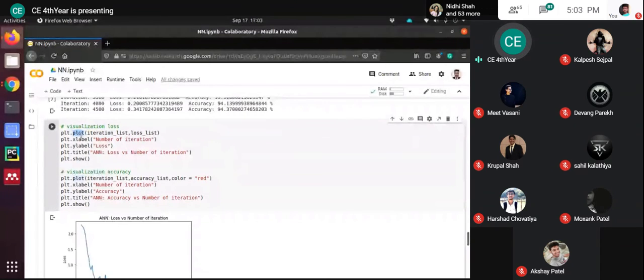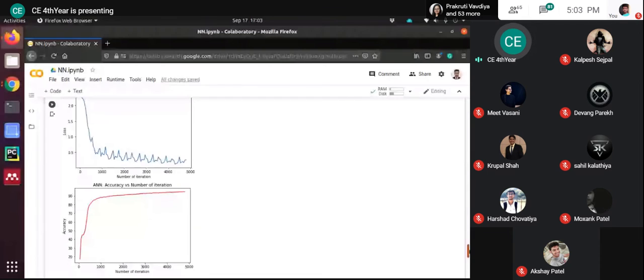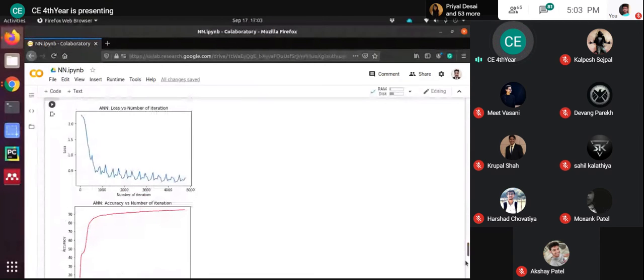We'll try to plot loss as well as accuracy in two separate graphs. Then the labels: the X label will be the number of iterations, the Y label will be the loss, and a title for the particular image. If you observe the loss as well as the accuracy value in terms of a graph, this will be the result.